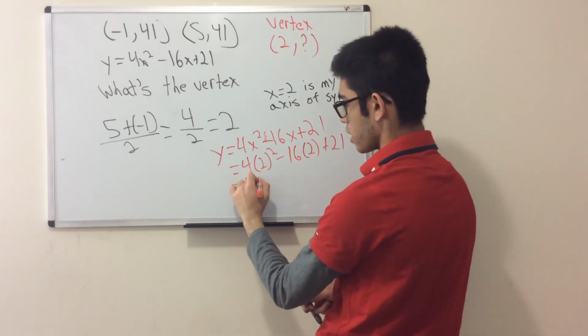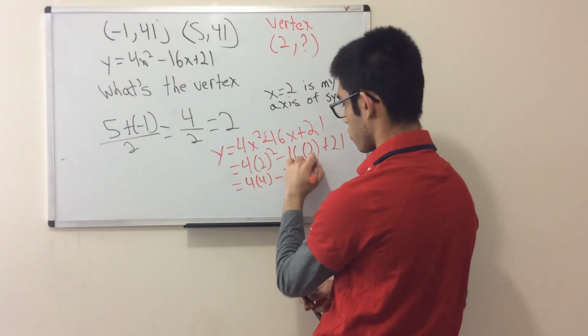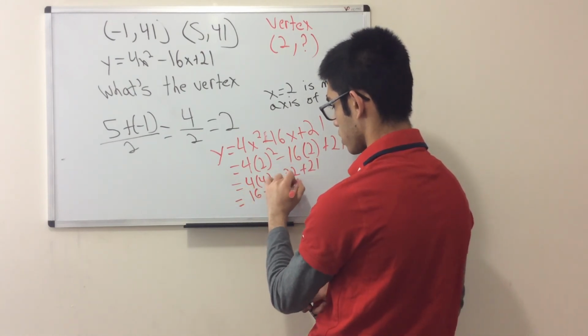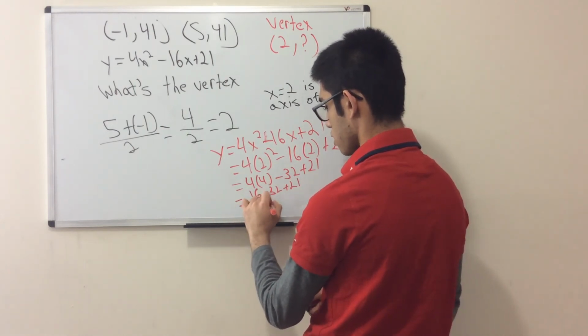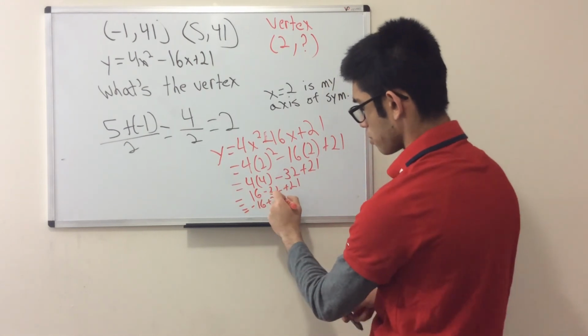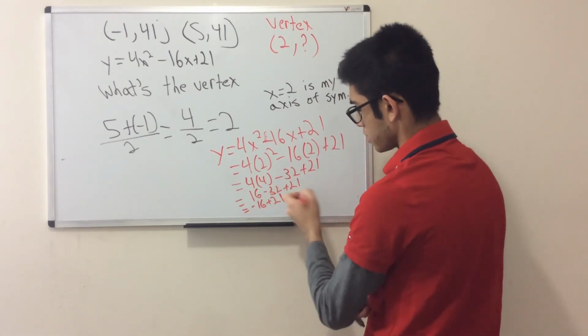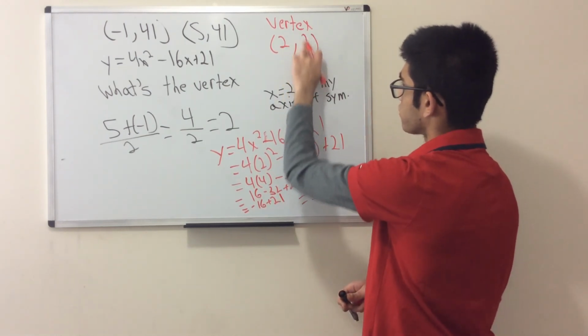So 4 times 4, right? 2 squared is 4, minus 32, plus 21. Exactly. So 16 minus 32 plus 21. 16 minus 32 is negative 16. And negative 16 plus 21 is simply 21 minus 16 is 5. So my y-coordinate for that is 5.